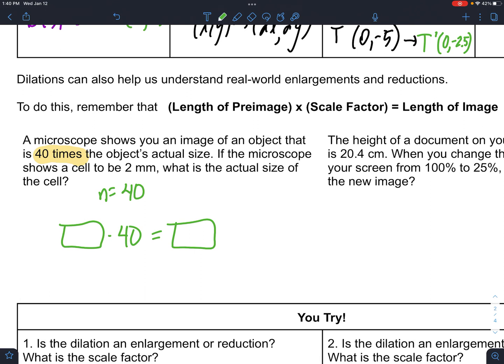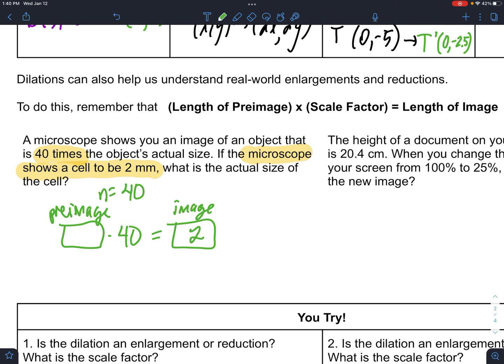It says that the microscope shows you an image. So what we're viewing on the microscope better match, right? If it says that the microscope shows a cell to be 2, and this is the image, and this is the pre-image, the microscope's image is 2. So just being careful to find those words, because it could be confusing. Does the 2 go here, or does it go here?